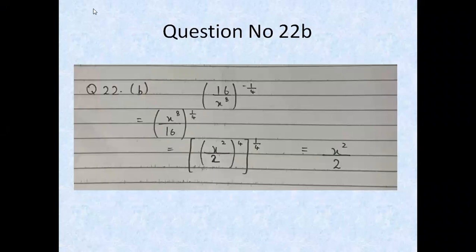Okay, so here you can see we have reciprocated the fraction inside that bracket and the power has become positive. Now this power can be given to both of them. 16 can be written as 2 raised to power 4, and x to the 8 can be x squared raised to power 4. This 4 and this 4 will be cancelled. So you will be left with x squared divided by 2.